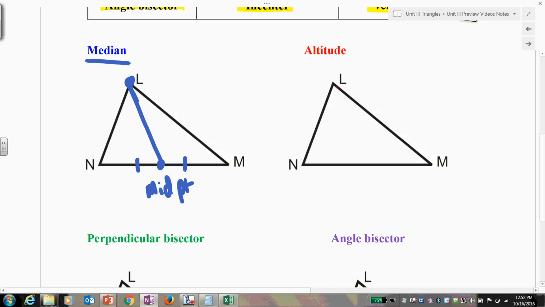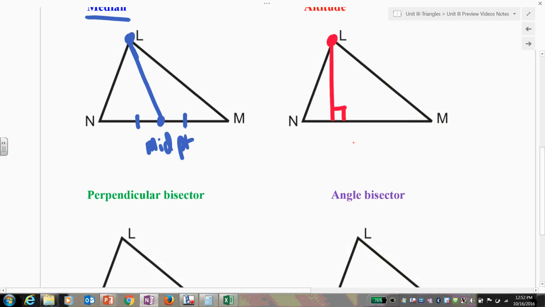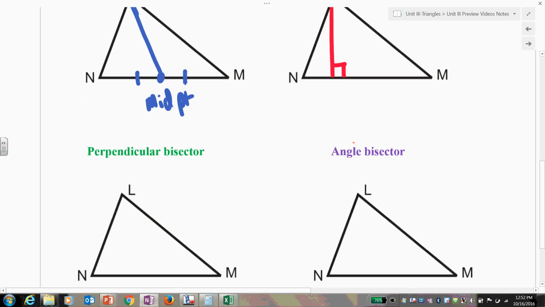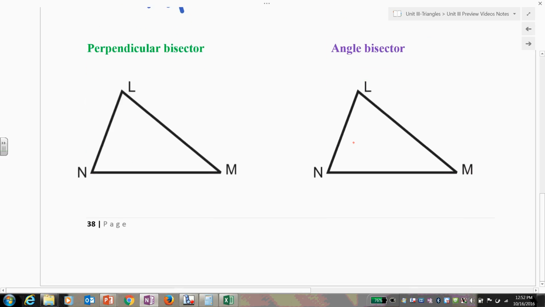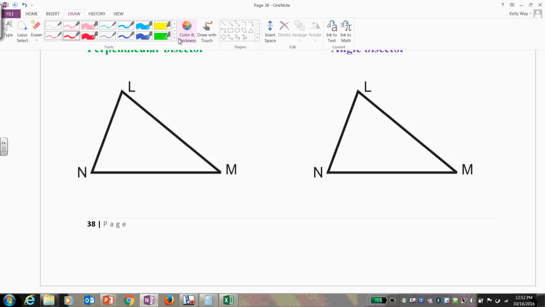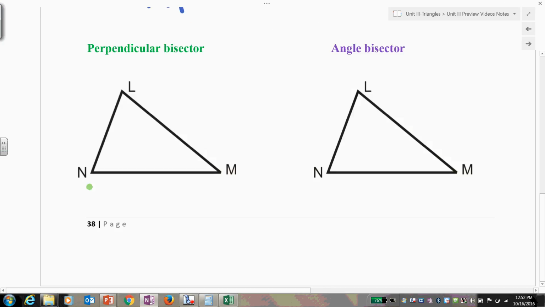An altitude starts from a vertex and creates a right angle with the opposite side. That's an altitude. A perpendicular bisector. Trace one side, just trace that side.